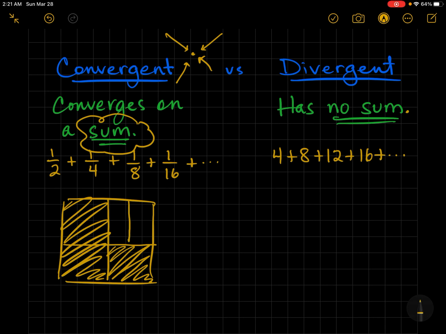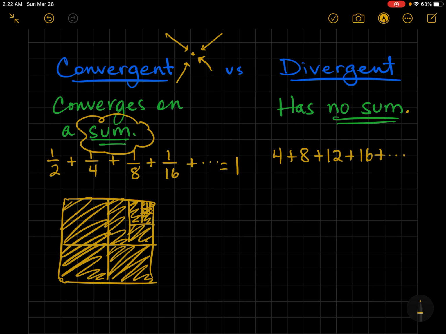And then an eighth would be half of that, and a 16th, and a 32nd, and a 64th, and a 128th. And we keep adding half of what's left. Notice we will never get out of this box. Technically, you could say we would never quite fill it up, but we're converging on a sum. And this series happens to have a sum of 1.